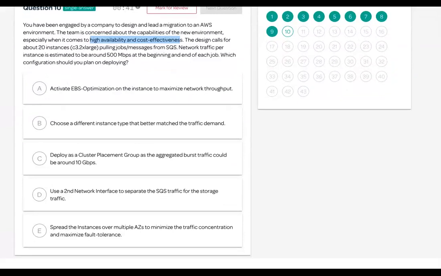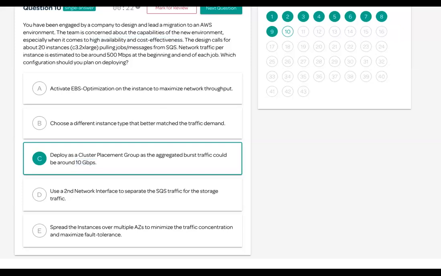No. Choose a different instance type that is better matched with the traffic. Deploy a clustered placement group as the aggregated burst traffic could be around 10 GB. So here we get that the network throughput is really large. So we might pick this option.